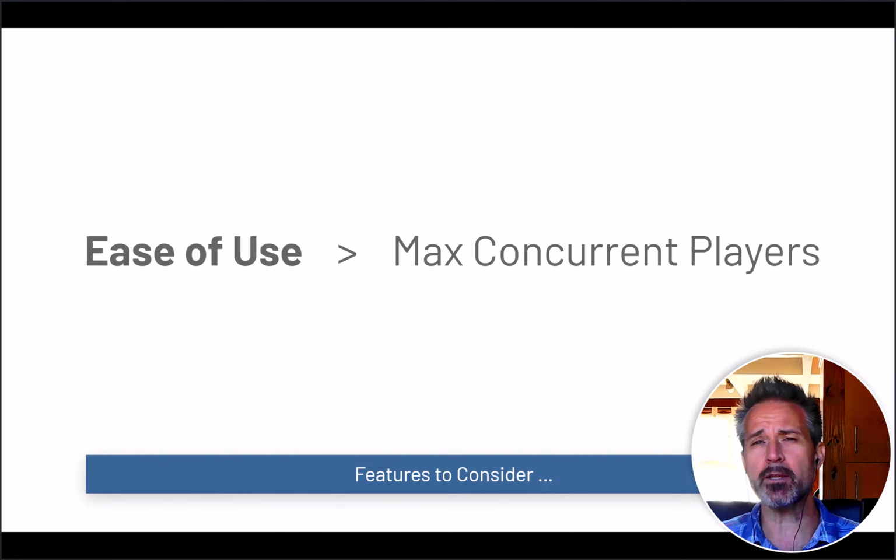I think when a lot of people approach looking at multiplayer solutions, a question they ask is, well, how many concurrent players can I have? Can I build a world that has 100 players at the same time? Or can I build a world that has 1 million players at the same time? I think that is putting the cart before the horse.